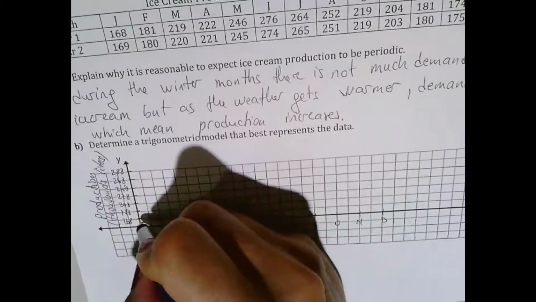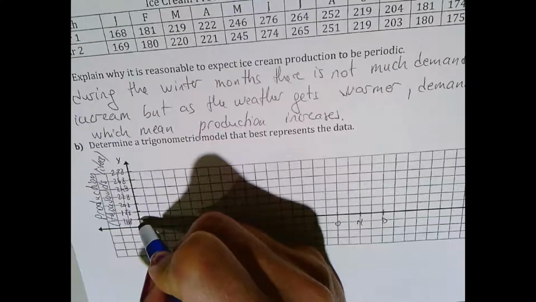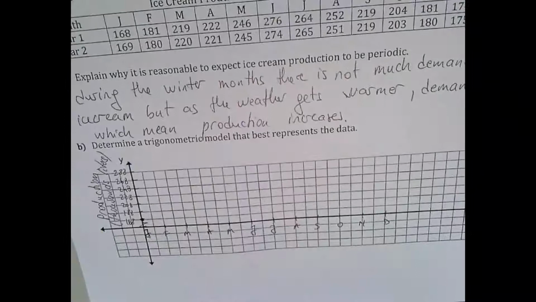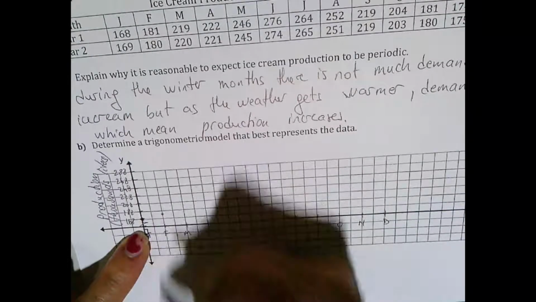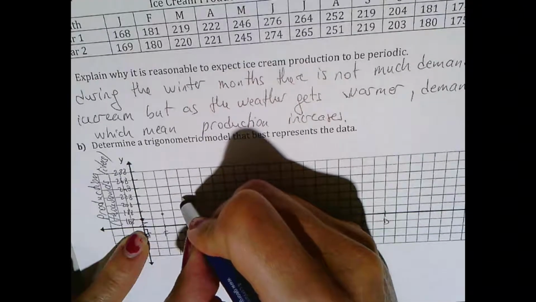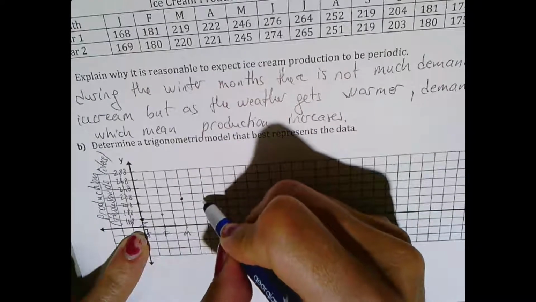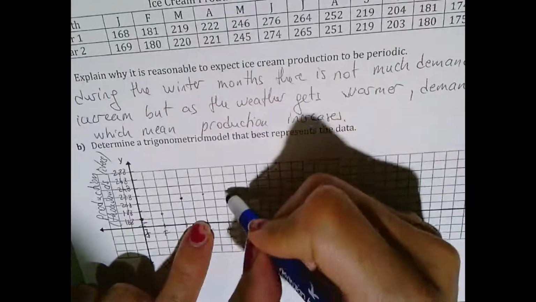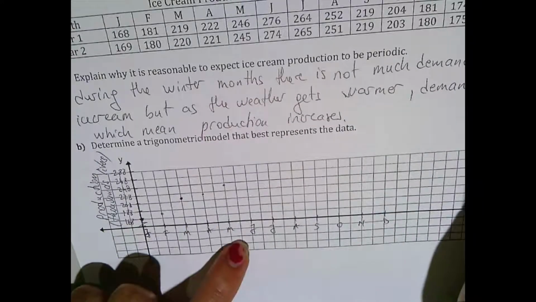Okay, so it starts here. January is basically the origin because that's the starting point. So I'm going to plot the first year. 168 will be in January, 181 in February, 219 in March, then 222 in April, then I have 246 right here in May.